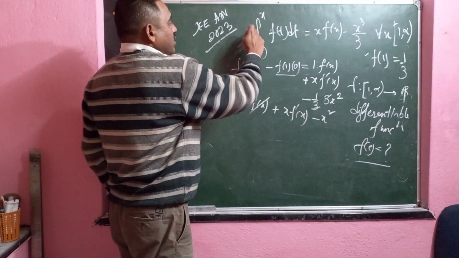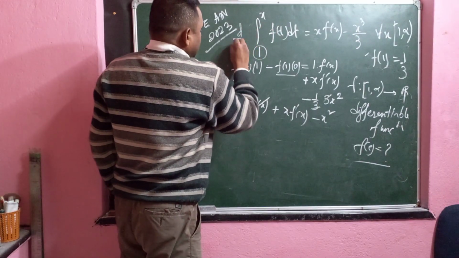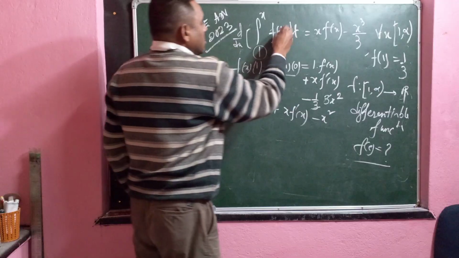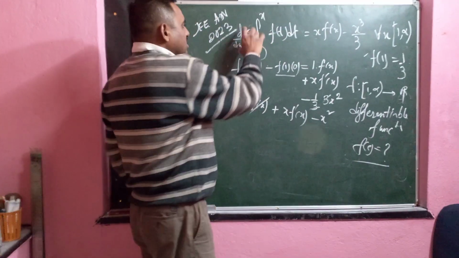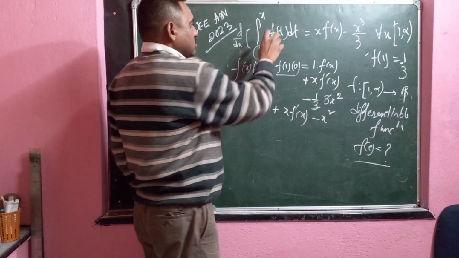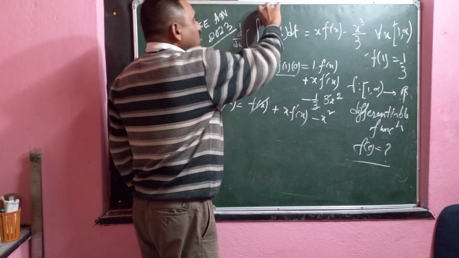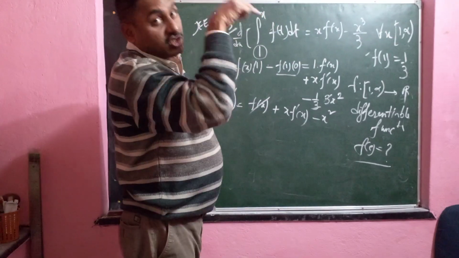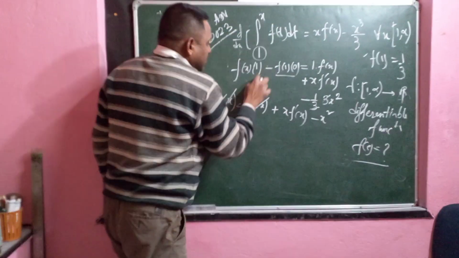Understand this part? When you do d/dx on both sides, that is called Newton Leibniz. So suppose this operator and this opposite operator, so f(x) will come and you have to differentiate the upper limit if it is a function of x. So d/dx of x is 1.